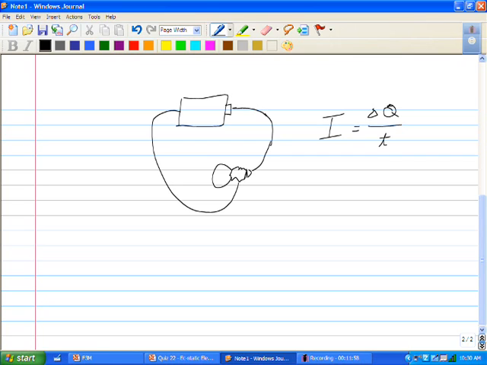And it's measured in the unit amps, A-M-P, which is short for amperes, amps for short, symbol capital A. So that's the unit.